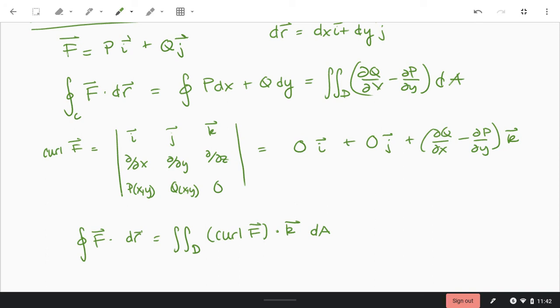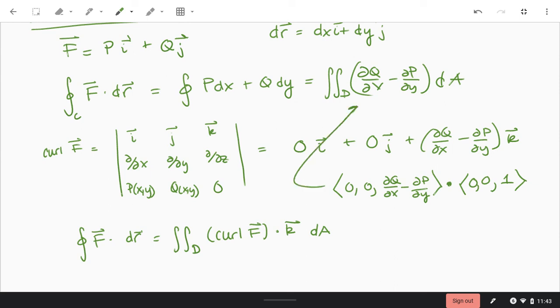Again, because the curl of F would be 0, 0, dQ/dx minus dP/dy, and if we dot product that with 0, 0, 1, your unit vector in k, then we get this.